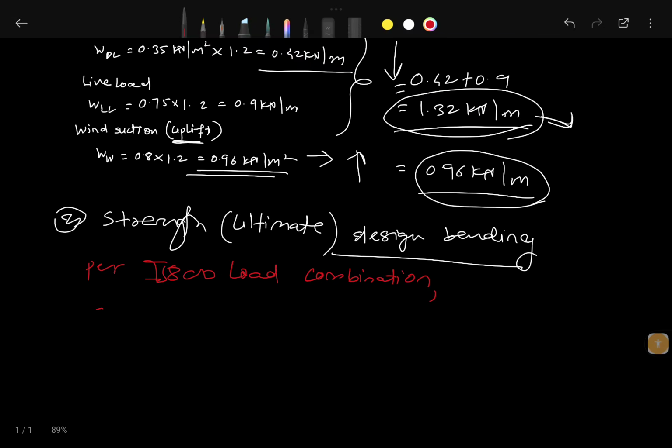For strength capacity, according to the IS code, we use a factor of safety of 1.5 dead load plus 1.5 live load.